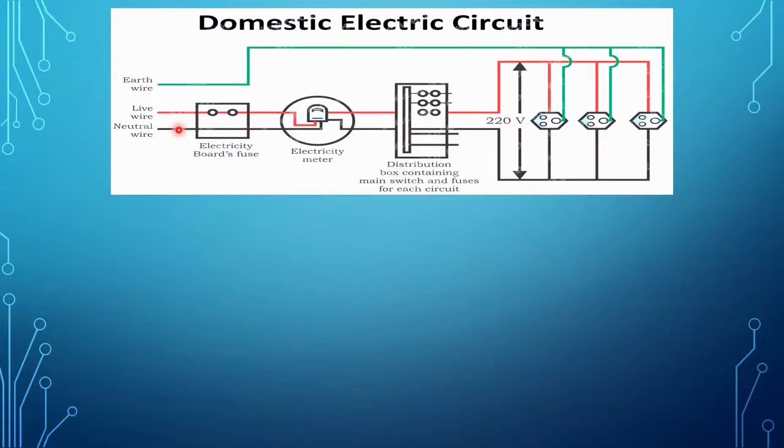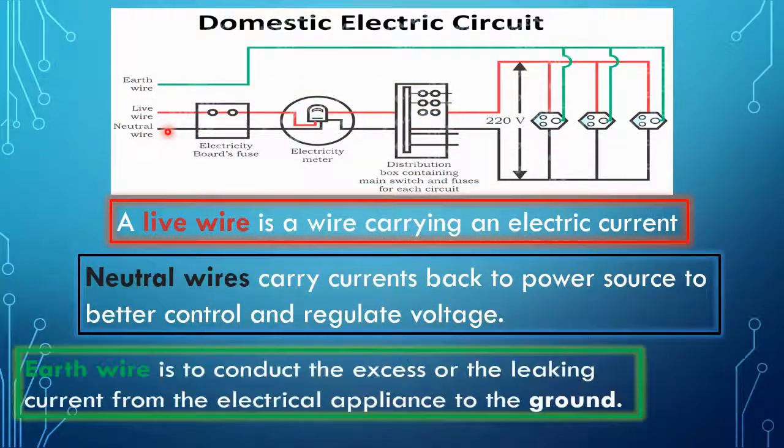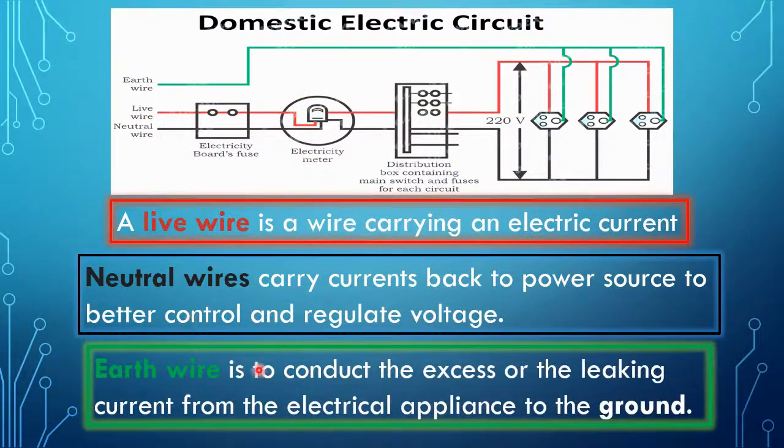Its overall purpose is to serve as a path to return the energy. Earth wire is helpful to conduct the excess or the leakage current from the electric appliances to the ground.